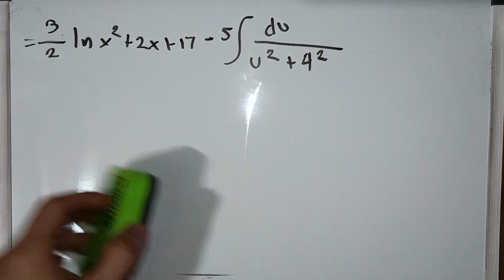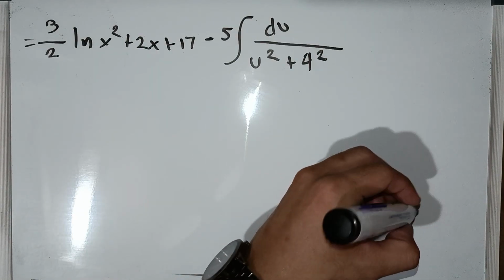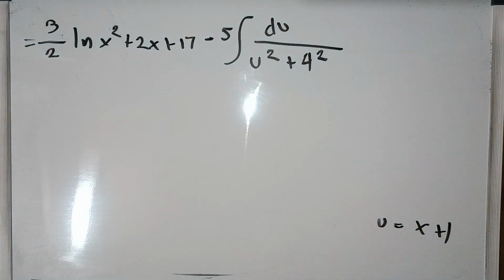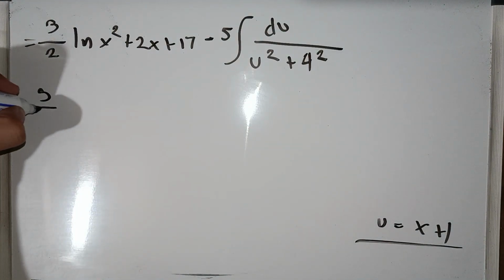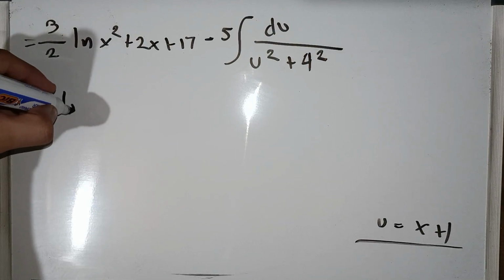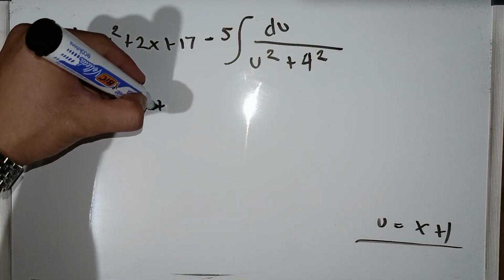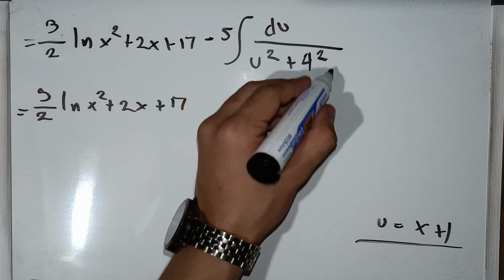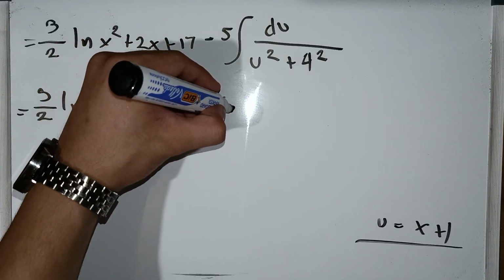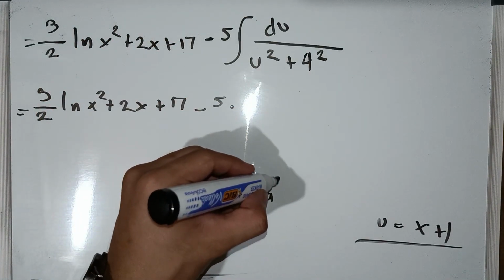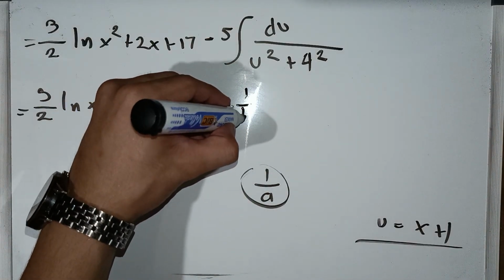Let's erase this now. Let's write the u here, so u is equal to x plus 1. So copy this: 3 over 2 ln of x squared plus 2x plus 17. Since this is an arctan, minus 5 multiplied by 1 over a, we have 1 over 4.